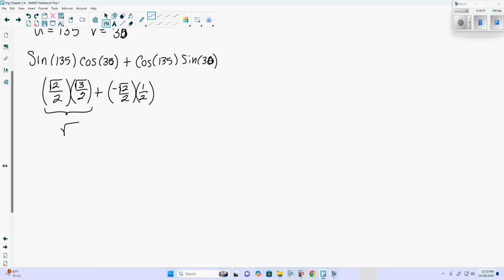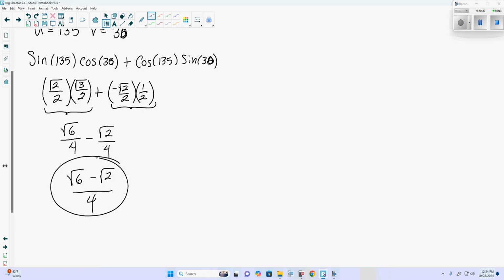Square root of 2 times square root of 3 is square root of 6. 2 times 2 is 4. Negative times a positive, so we would get a negative. Square root of 2 times 1 is square root of 2. 2 times 2 is 4. Telling us that our final answer is square root of 6 minus square root of 2 over 4.